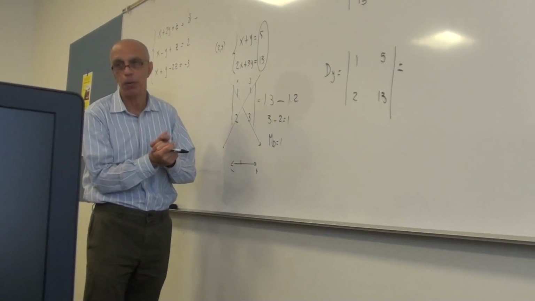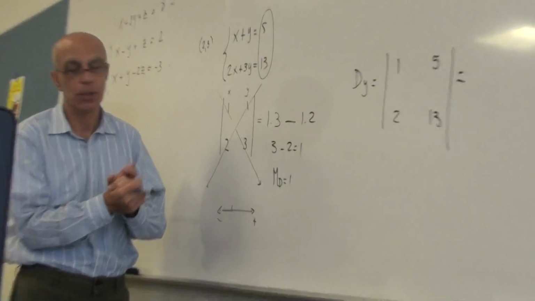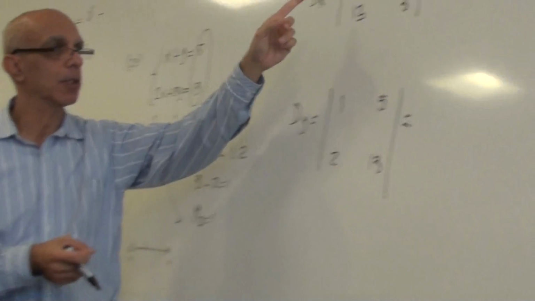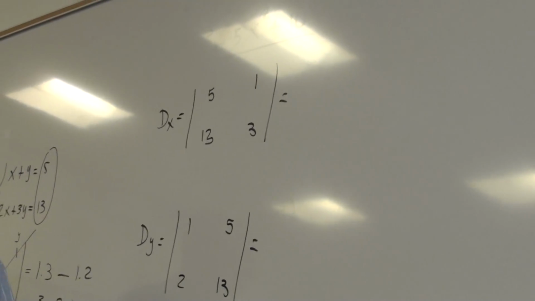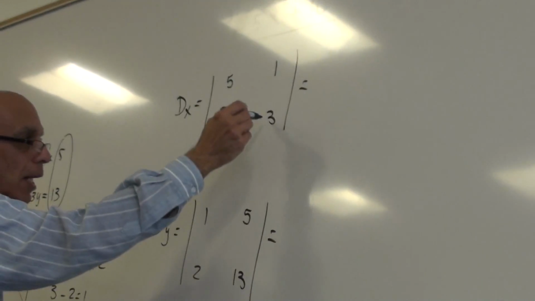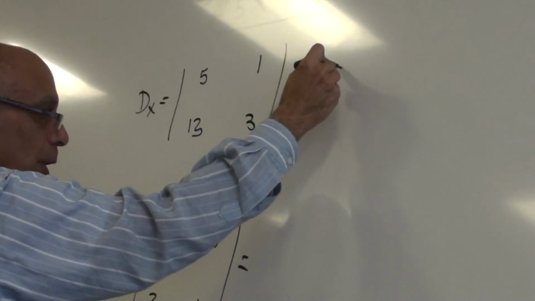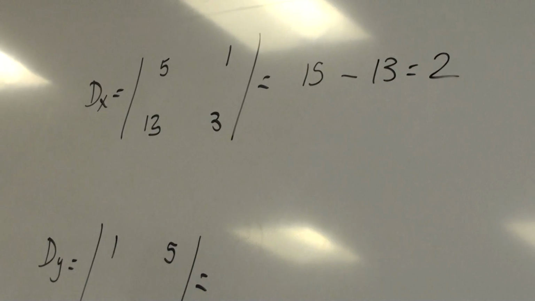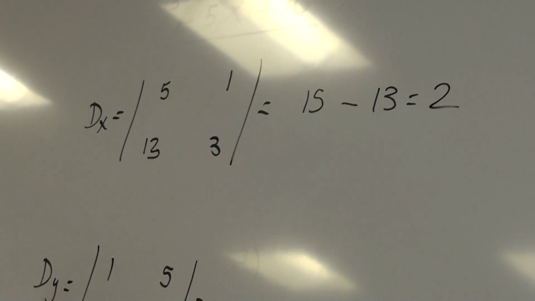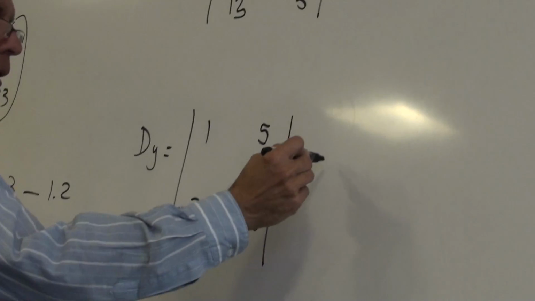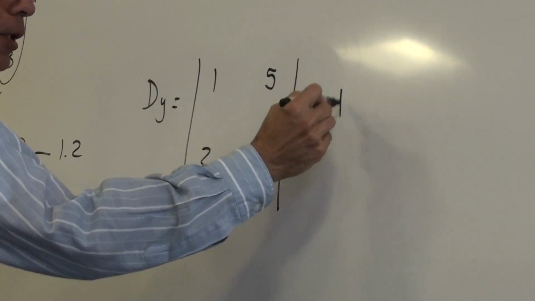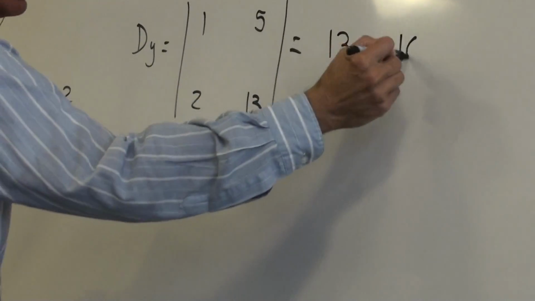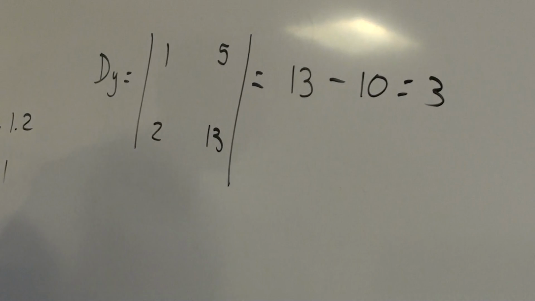Now we need to calculate the determinants. How do you calculate the determinants here? Cross multiply. Cross, yes. 3 times 5 is 15, minus 13, that is 2, okay? What is the determinant here? It's going to be what? 1 times 13 is 13 minus 10, that is 3. Okay?